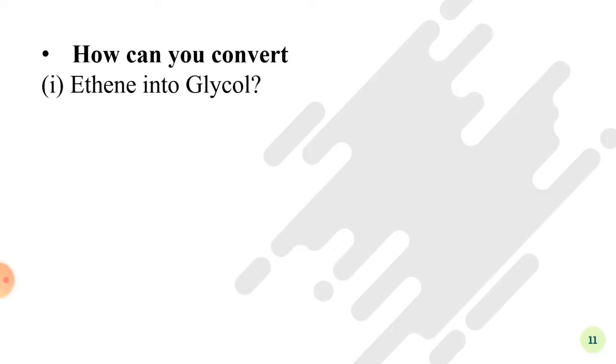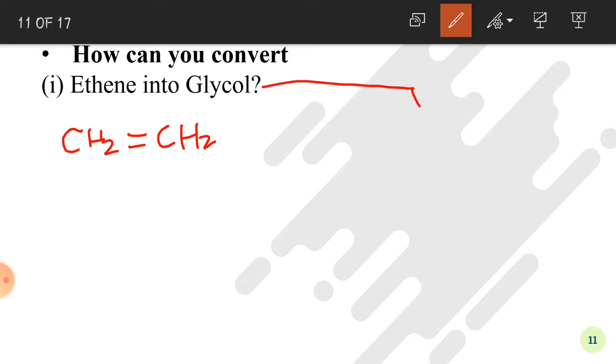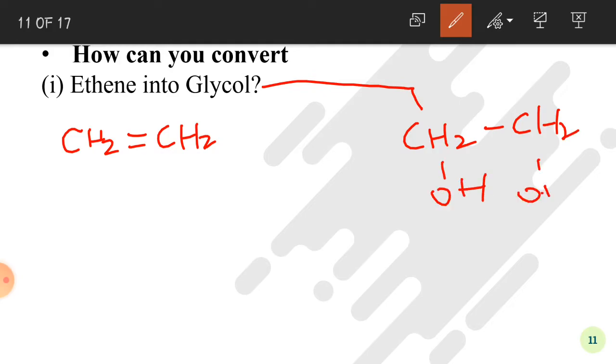How can you convert ethene into glycol? We just read about this chemical reaction. This is ethene and this is glycol, ethylene glycol. This ethylene glycol is used as an antifreeze agent in the radiators of the car.